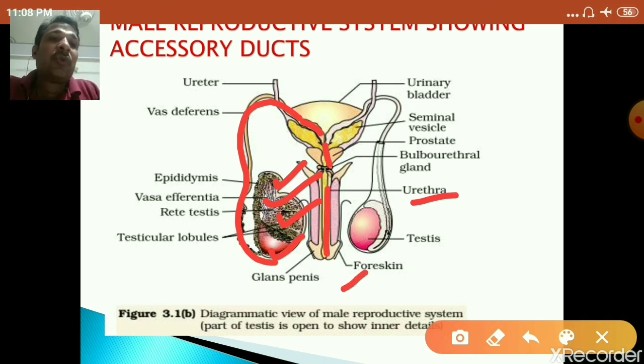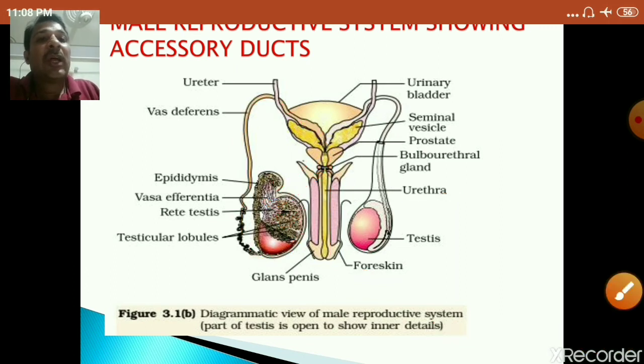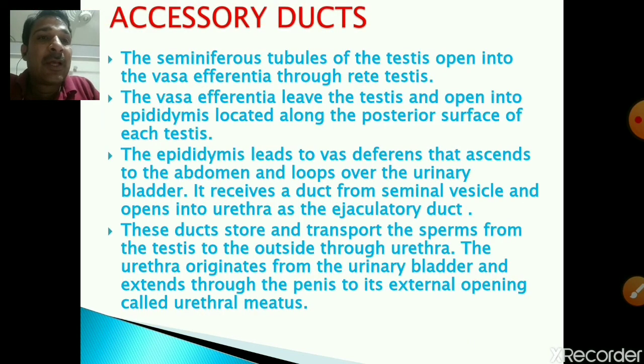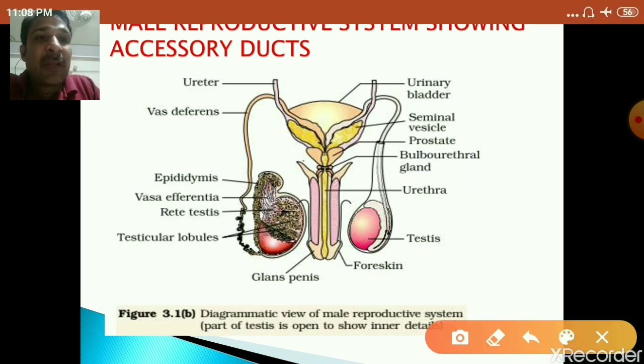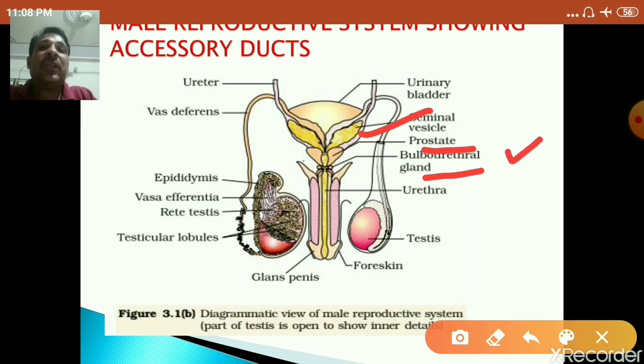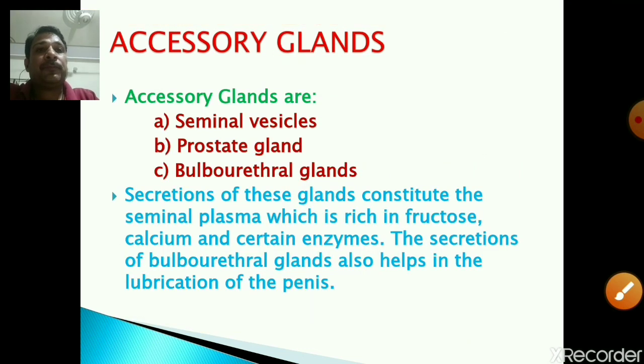And in that diagram you can easily find three types of accessory glands: seminal vesicles, prostate gland, and bulbourethral glands. These three glands help in the reproduction process.